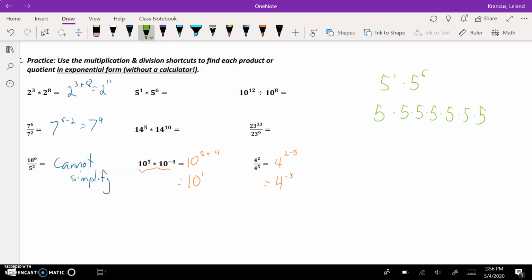Remember, an exponent just tells you how many times that number was used as a factor. And so if we have one 5 multiplied by six 5s, that's seven 5s that you're multiplying together. So you're just grouping all of those factors together under one base with one exponent.